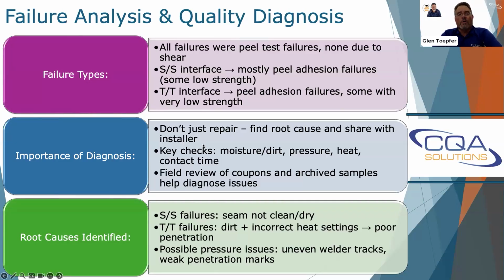The importance of the diagnosis: don't just repair, find a root cause. If you start getting multiple failures, you need to really identify what's going on so you can keep the problem from propagating. If you can get it under control, then you can avoid it in the future.